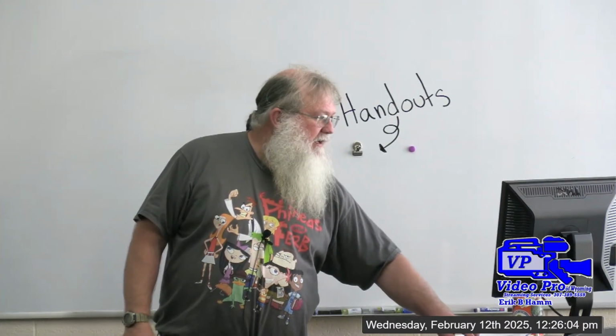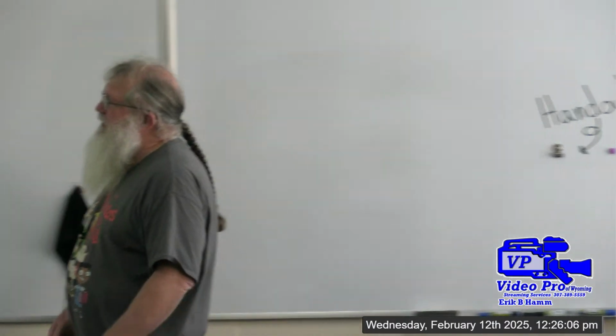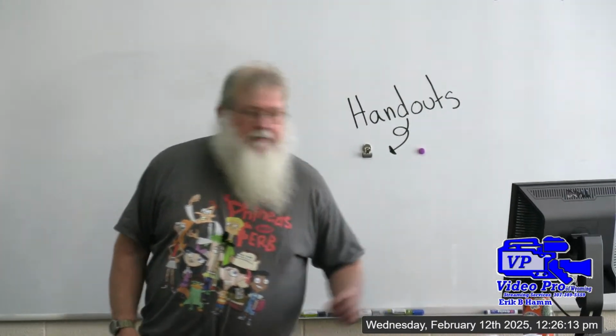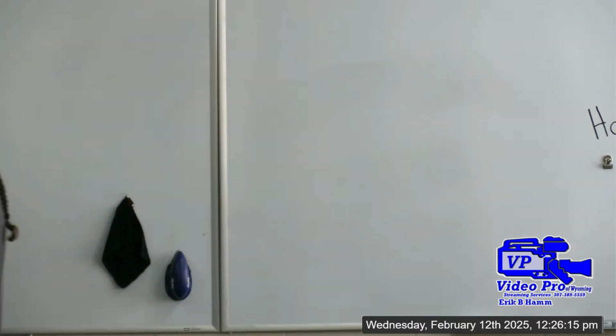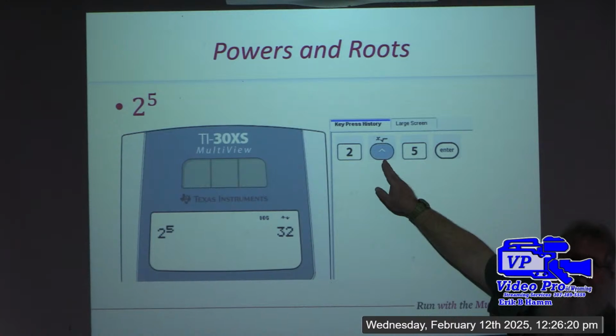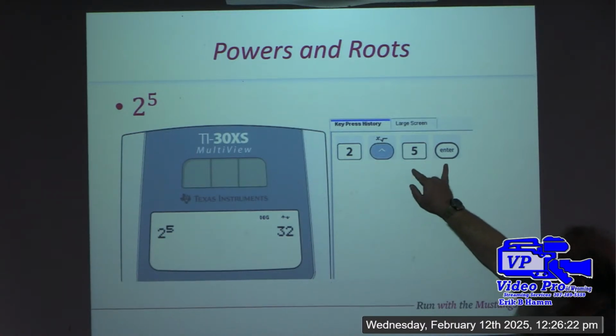Then the next one is the power button. So let's look at doing 2 to the 5th. How would I do 2 to the 5th on my calculator? First off, I'd enter in the 2, and then I would use the power button. It's on the first level, so I didn't have to hit the second, and then the 5, and then enter.